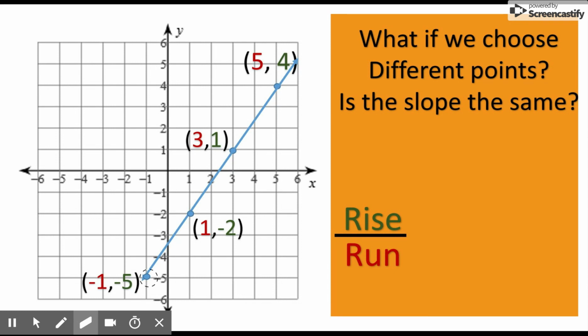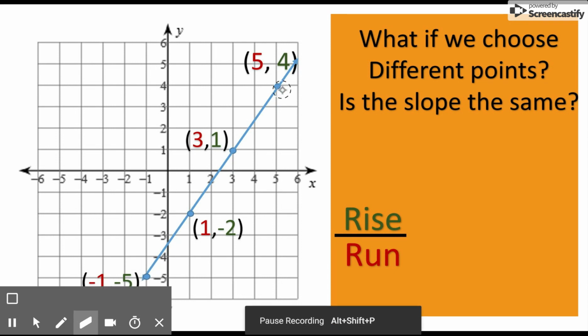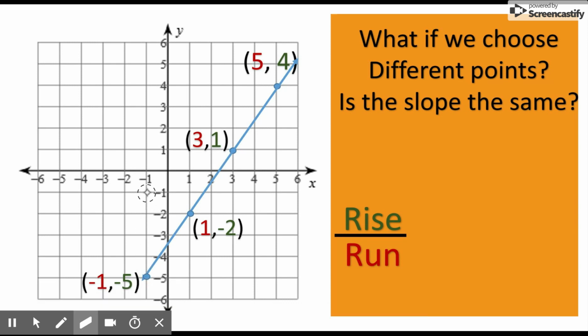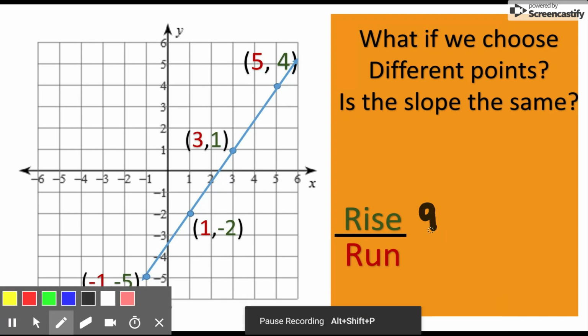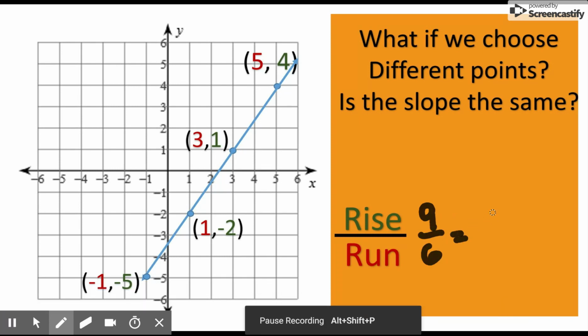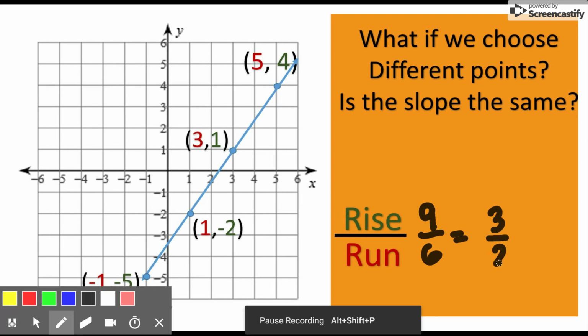If we pick the ones that are furthest from each other, we would start here and count up 1, 2, 3, 4, 5, 6, 7, 8, 9, and over 1, 2, 3, 4, 5, 6. So 9 over 6 simplifies. If we divide both by 3, we get 3 over 2 again.